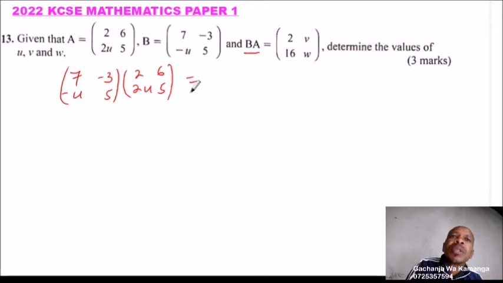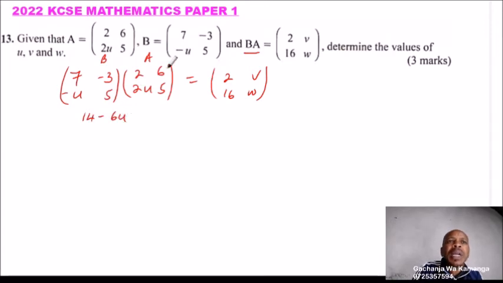This is B, this is A, and this is our BA, which is 2v, 16w. From there, we multiply 7 times 2, that is 14, minus 6u, so we have 14 minus 6u. 7 multiplied by 6 is 42, plus minus 3 times 5 is minus 15, so 42 minus 15 gives you 27.